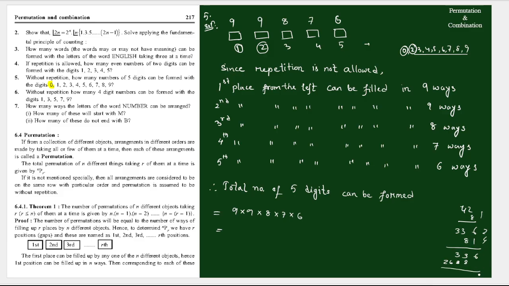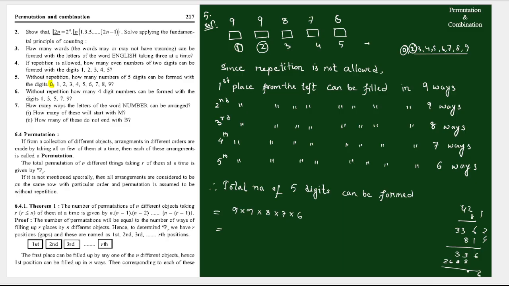So this is how much? 27,216. So this much of numbers.